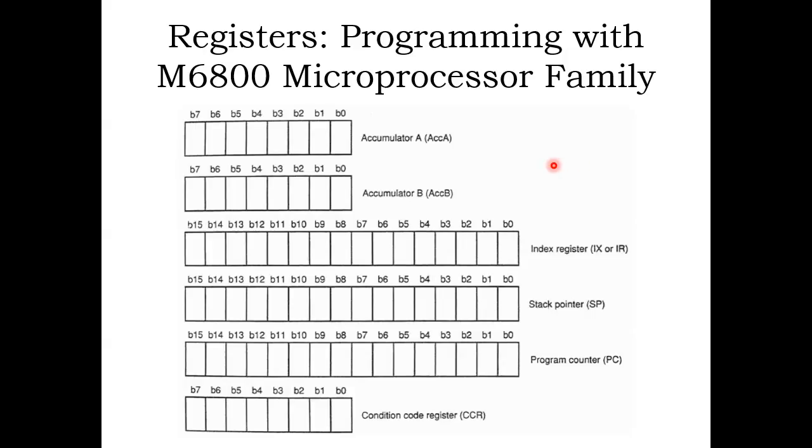Now, let's look at some registers here. So the first one is called accumulator A. This is a 1-byte register. Okay. Next one, accumulator B, and then the index register, which is a 2-byte register. Because some of the registers are 1 byte, some of the registers are 2 byte, but most of those are 2 byte. Okay. Except accumulator A, accumulator B, and the last one, which is the condition code register. Okay. And this is the stack pointer.